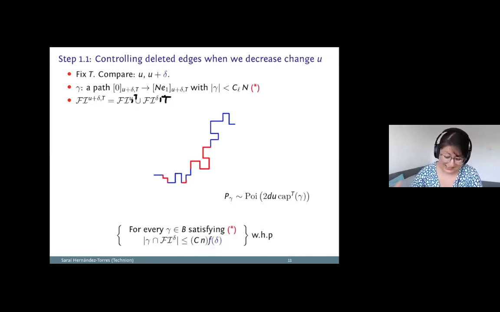And the way that we do this is that, in this case, it's simple because a finitary random interlacement really behaves as the random interlacement. So you may remember that the number of trajectories of a random interlacement that intersect a finite set K is a Poisson random variable. So this is the same. How many killed random walks are going to intersect my trajectory? Well, this is a Poisson random variable with a parameter that depends on the capacity.